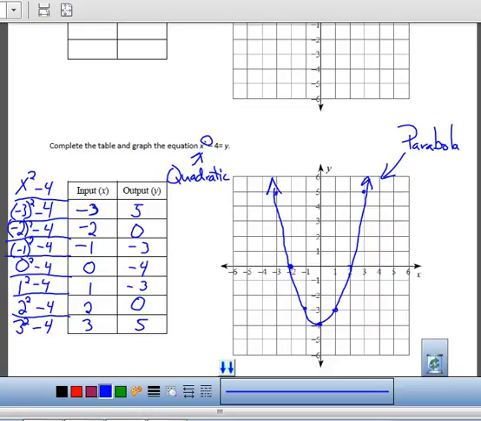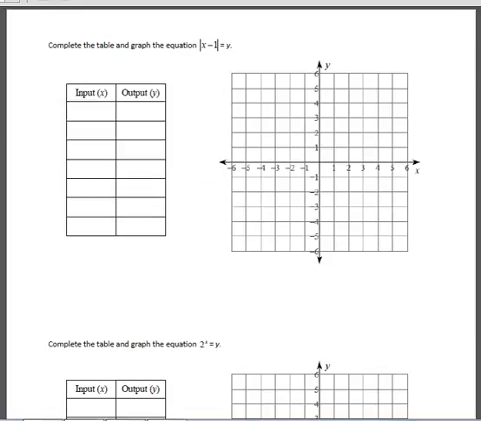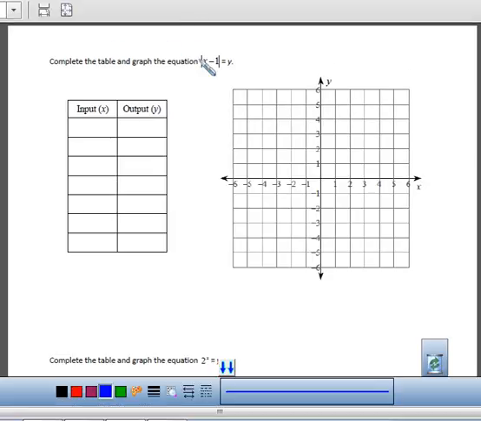All right. Got 2 more that we need to graph. So over on the next page, complete the table and graph the equation. So now this time the equation we have has the straight lines, also known as absolute value.